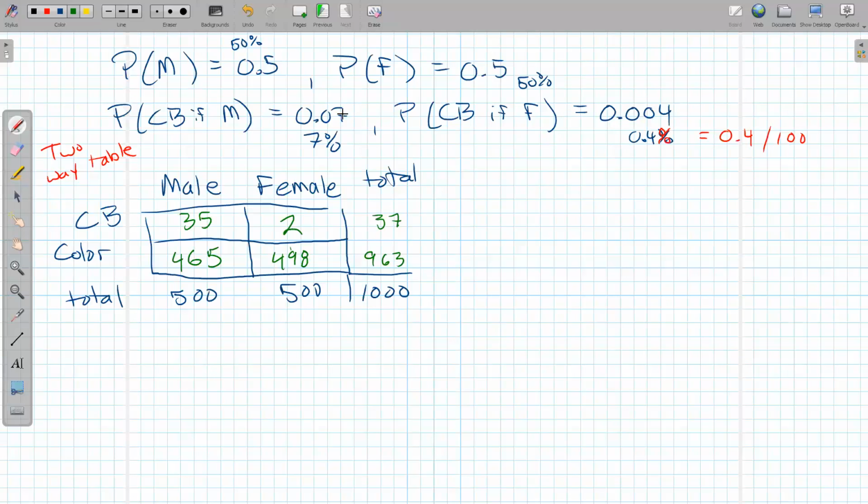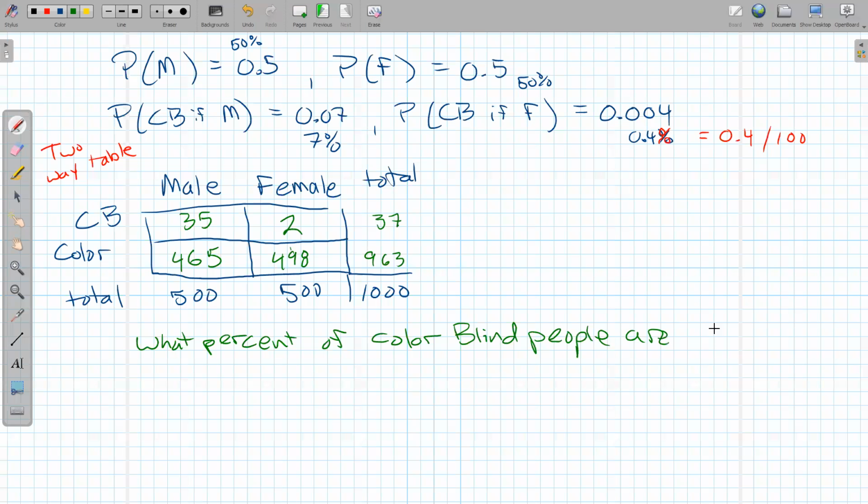So I know that 7% of males are colorblind. Another question I could ask is what percent of colorblind people are male?